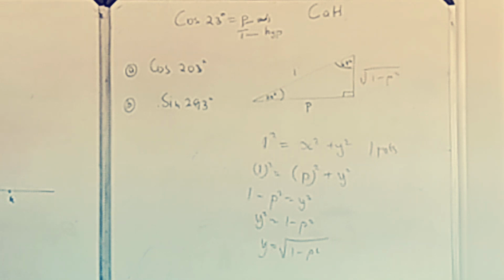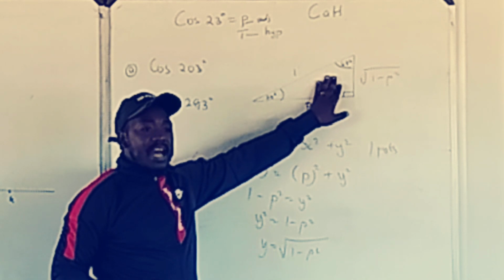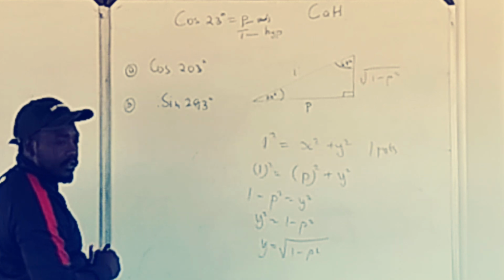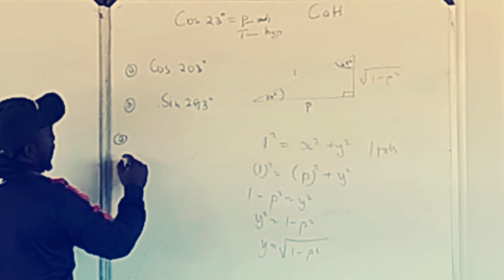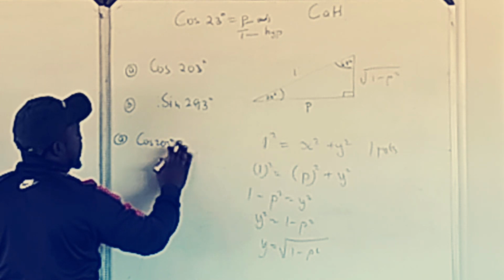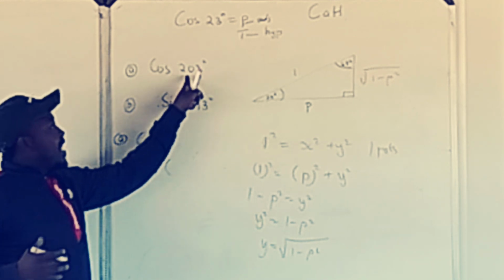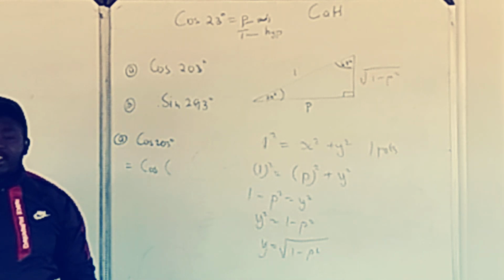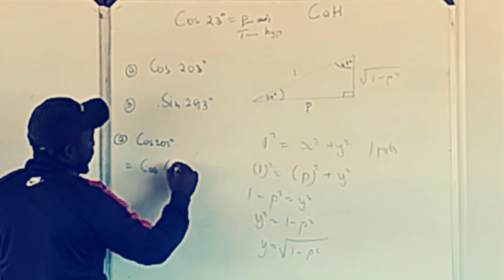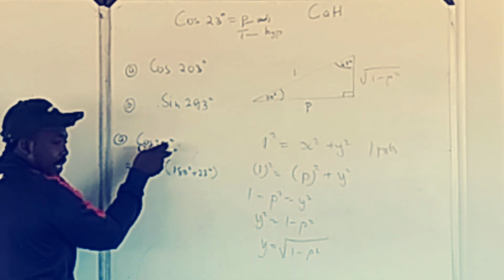Good. Now, do you see a 203 on this side? It is not 23, so we need to reduce this cos. For the first one, A, we're going to say the cos of 203 is equal to the cos of 180 plus 23, because 180 plus 23 still gives me 203.